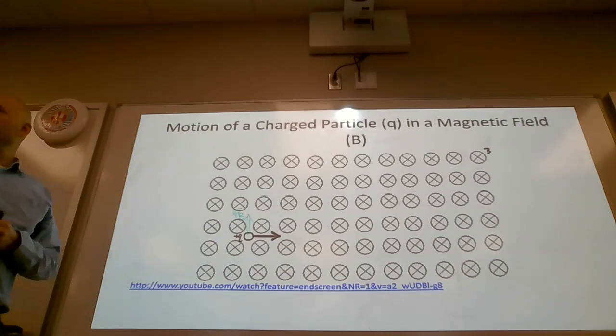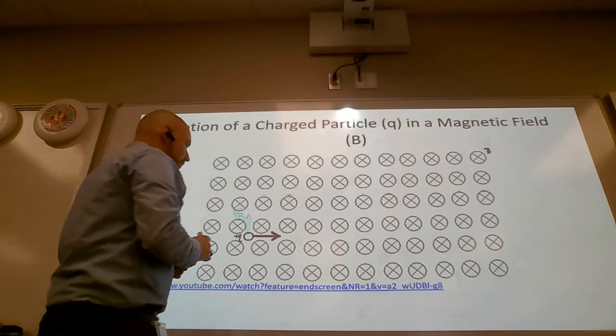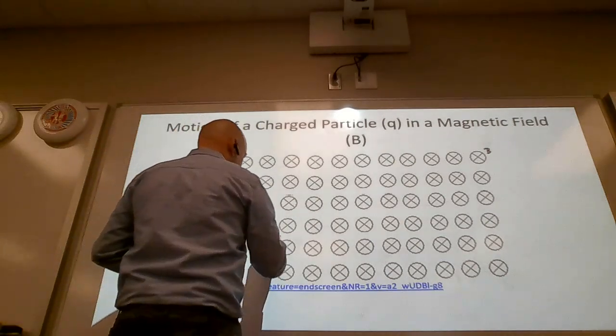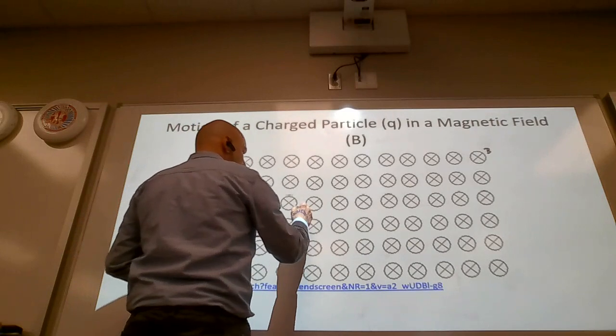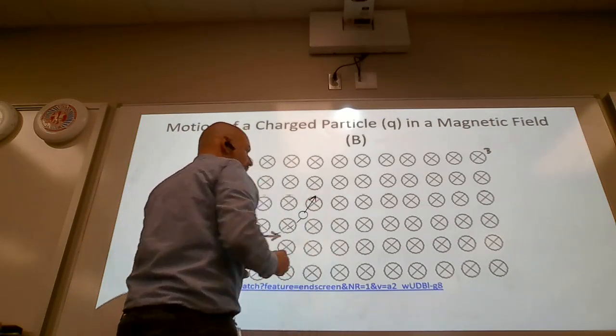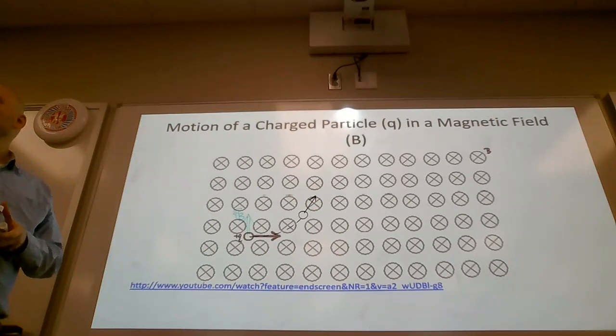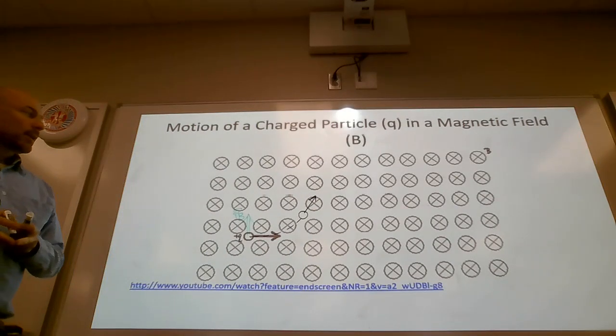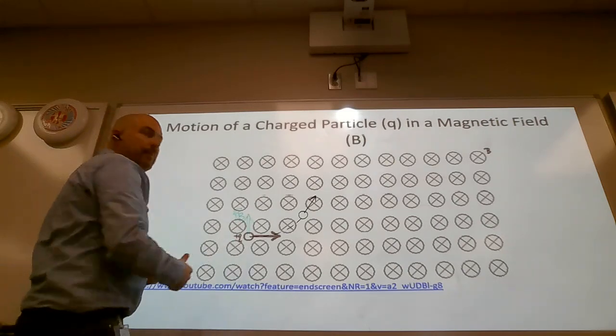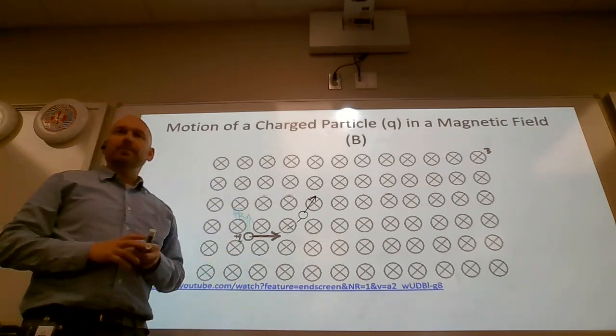Okay. So if we let it run its course, it's going to be going this way now. That makes sense? Show me, because it's being forced up, show me which way it's going to be forced at this point.